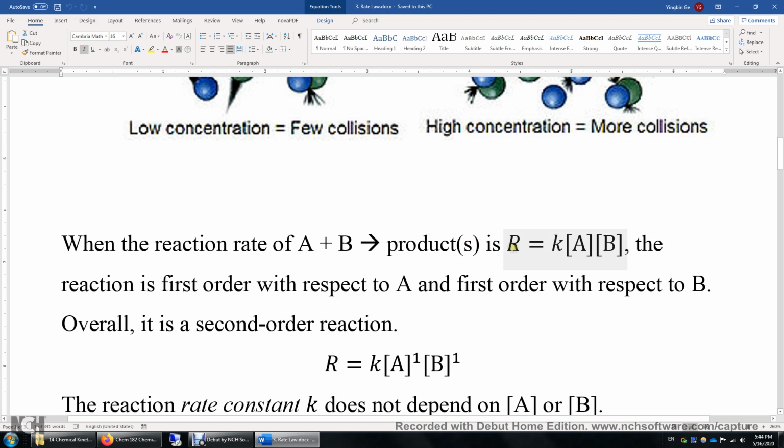When we have this equation, R equals K times A times B, we say the reaction rate is first order with respect to A, and also first order with respect to B. And overall, it's a second order reaction. Why is that?